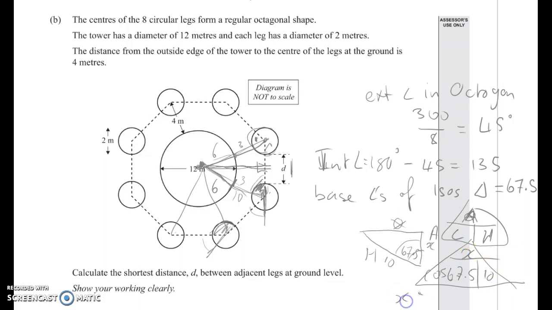So x equals cos 67.5 times by 10. So cos, in my calculator, I'm just quickly doing that, times 10 equals 3.83.